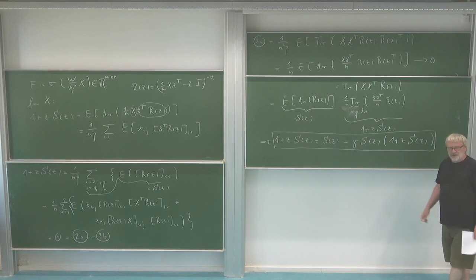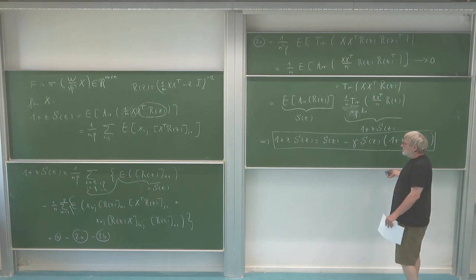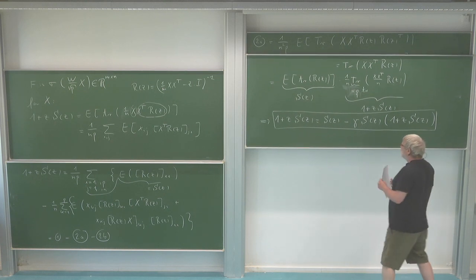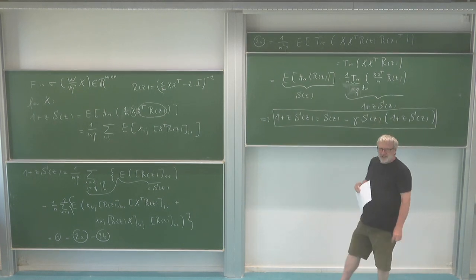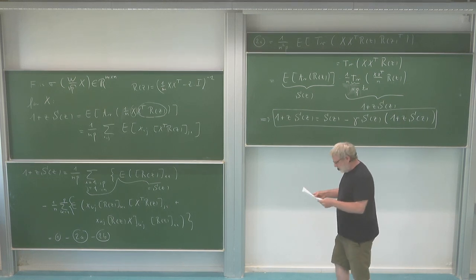And again, it's a quadratic equation for the Stieltjes transform, and of course it is the same equation which we got when we did our original proof of Marchenko-Pastur. Just multiply it out. Maybe you write it in terms of s squared, s, and constant, and then you see it's exactly the same coefficients.